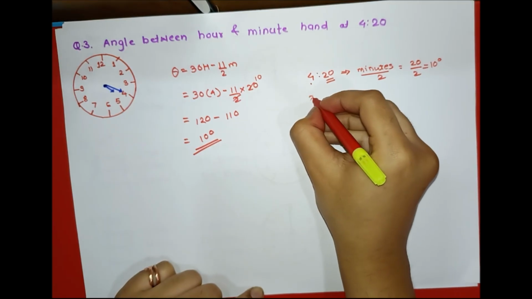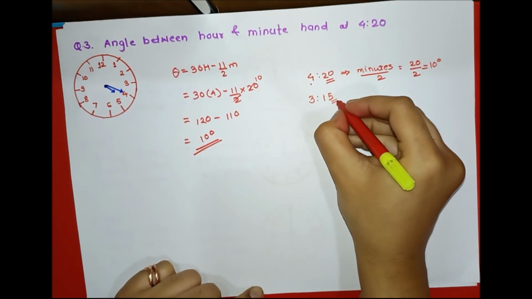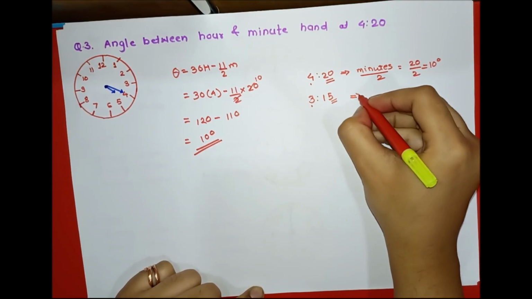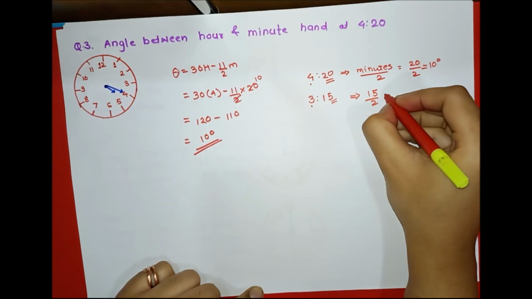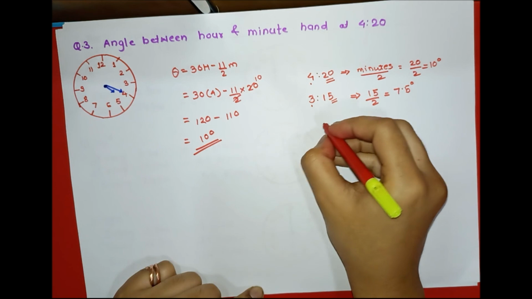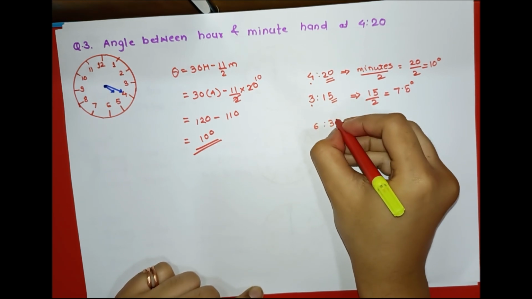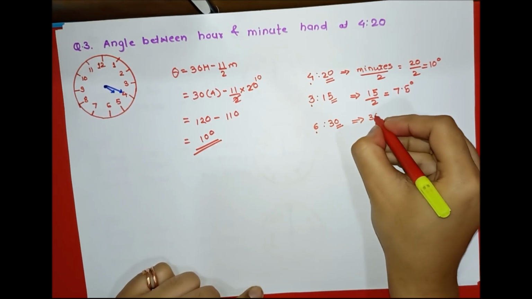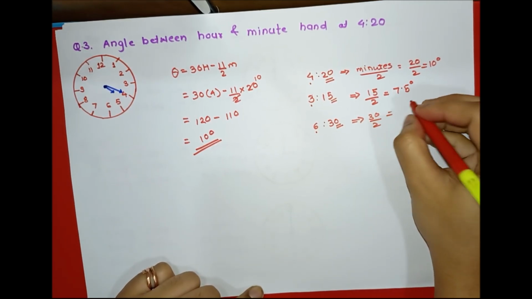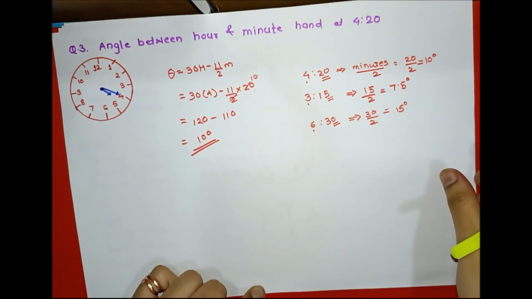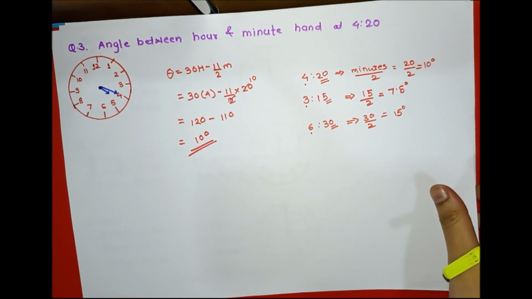Similarly, if we have a time like 3:15, the minutes are 15, which is the product of 3 and 5. So the angle will be 15 divided by 2, which is 7.5 degrees. Suppose it is 6:30. 30 is the product of 6 and 5. It is 30 by 2. The angle formed is 15 degrees. So you can remember this shortcut. No need of actually calculating and spending more time and effort on it.